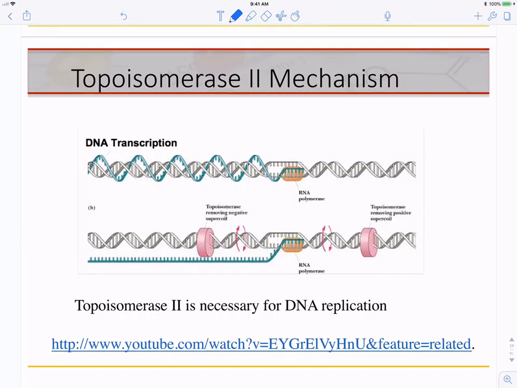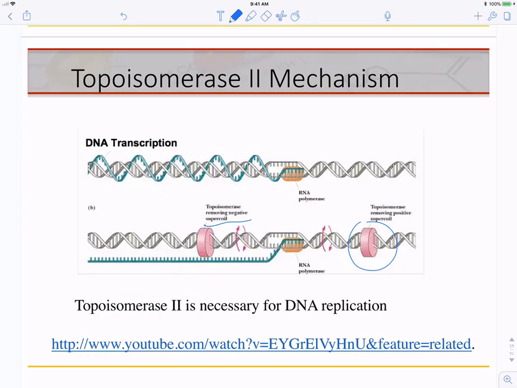For example, let's look at topoisomerase 2, which is absolutely necessary for DNA replication. The way it works is that basically it binds upstream of the RNA polymerase DNA complex, and it removes the negative supercoil. So basically it unwinds the DNA, allowing the RNA polymerase to dock and copy.